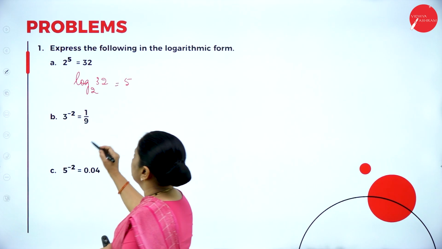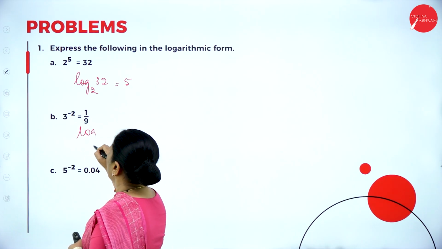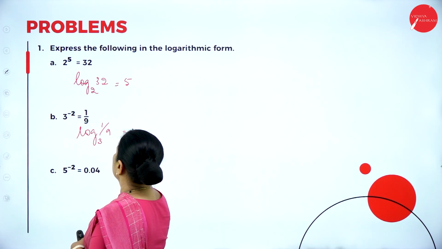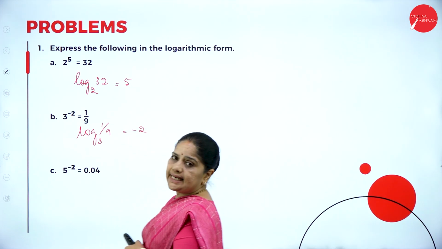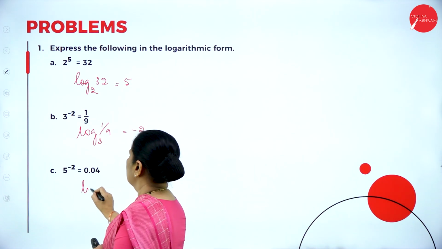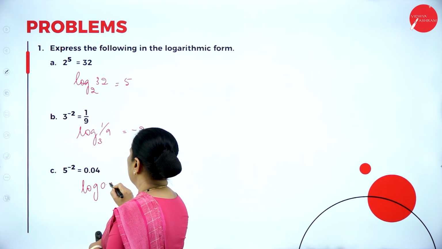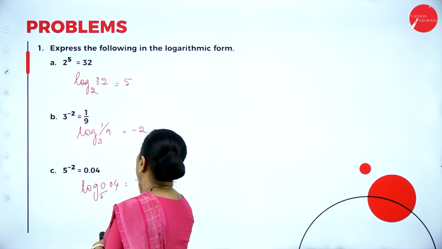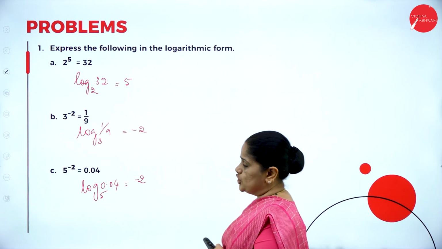Here, suppose I write log of 1 by 9 to the base 3 equals minus 2. Here, log of 0.04 to the base 5 equals minus 2.